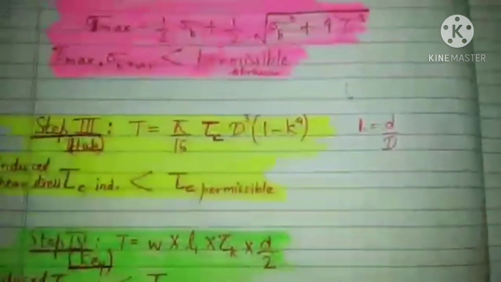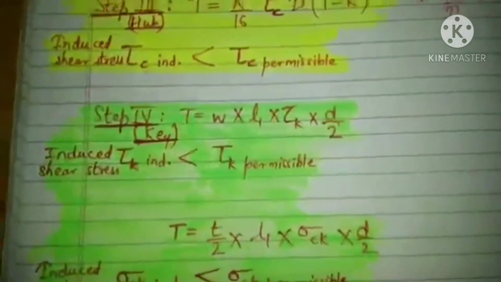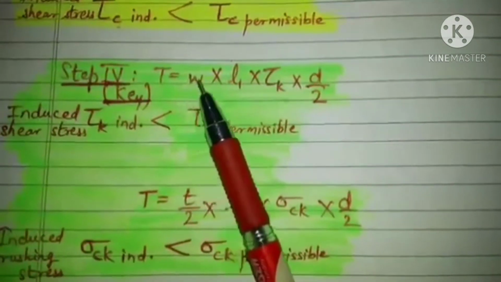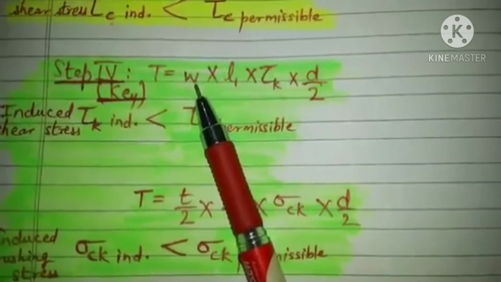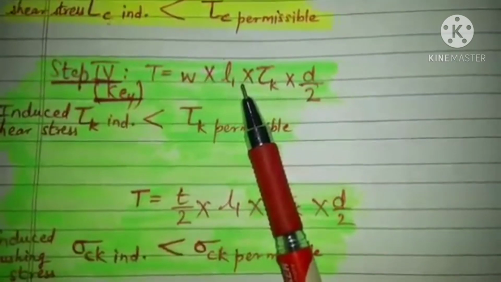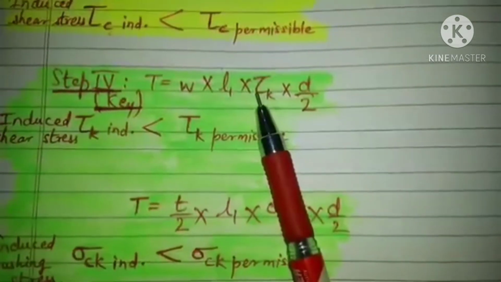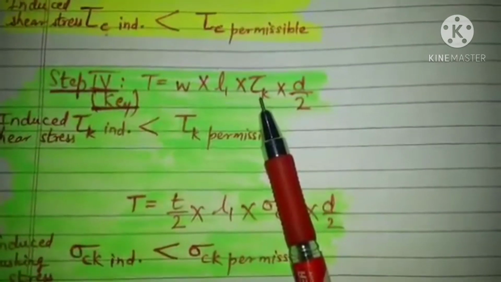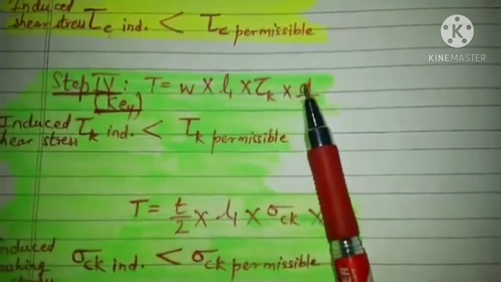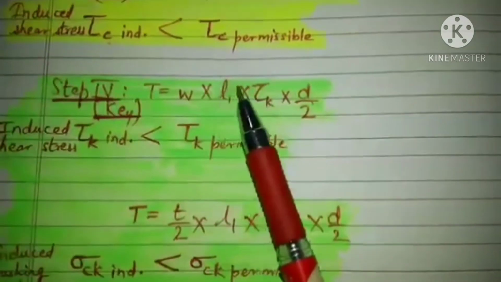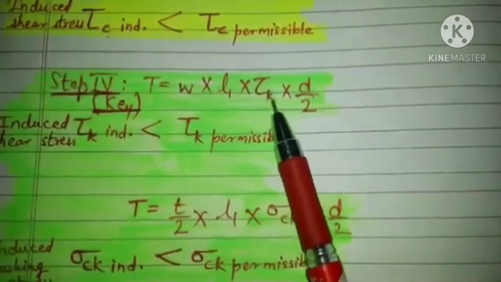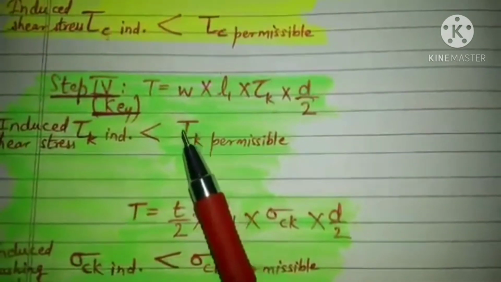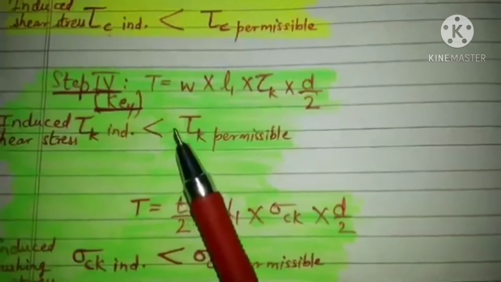Once we have the dimensions of the key, now we will see the stresses. Torque is equal to W, the width of the key, times L1, the length of the key, times the induced shear stress in the key, multiplied by D by 2. With this formula we can find the induced shear stress in the key, and it should be less than the permissible shear stress for the key.